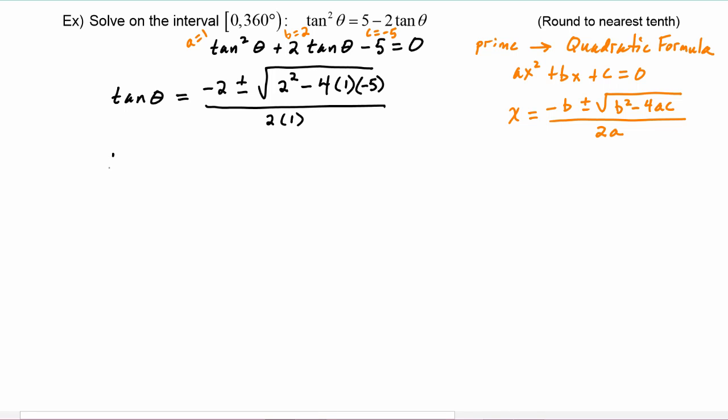So now we have tangent of theta is equal to -2 plus or minus the square root. Well, let's see what happens in here. We have 4. This is going to become plus 20, so that's 24, divided by 2.